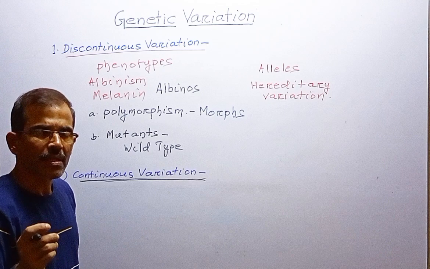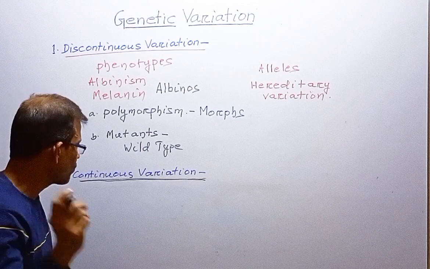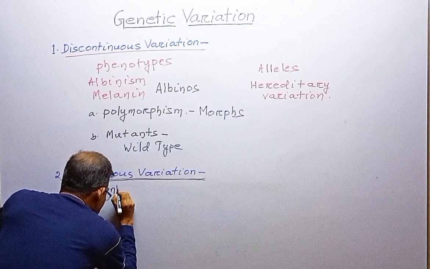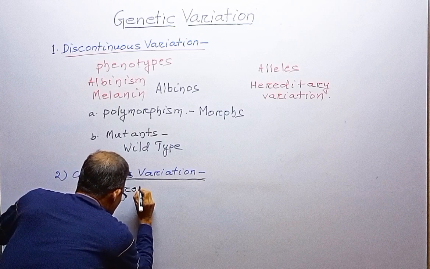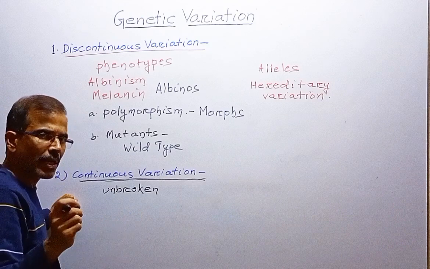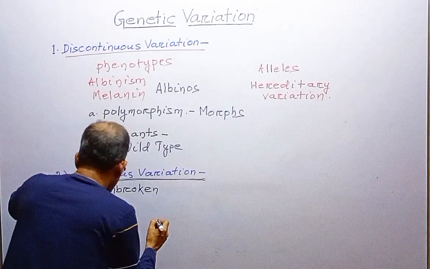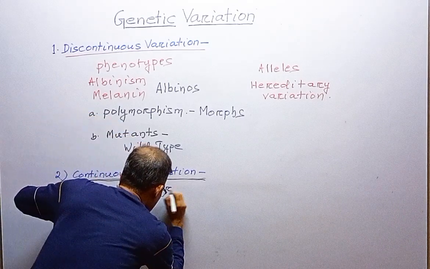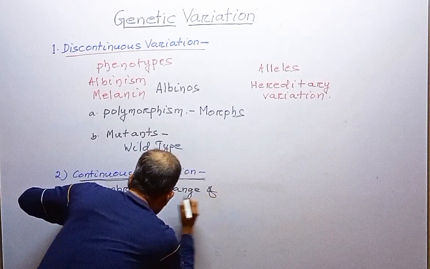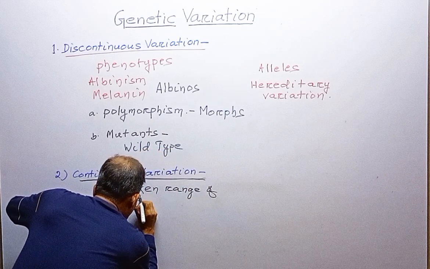A character showing continuous variation has an unbroken range of phenotypes in a population.